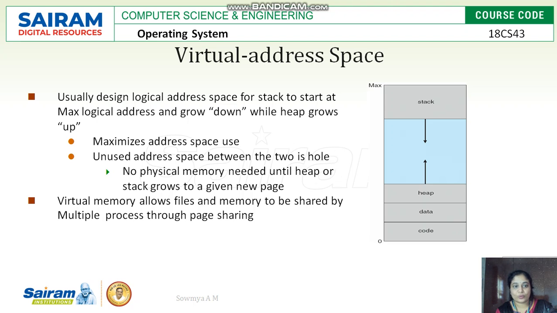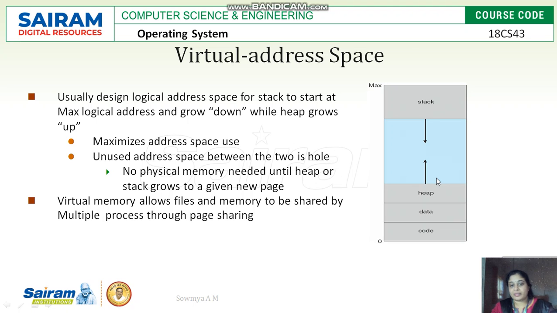Data and code keep the global variables as well as the program execution code. This maximizes the address space use, and the unused address space between these two is a hole.